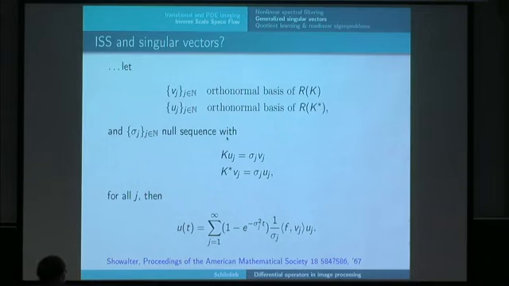Then I can write u of t in this way. In particular, if I assume, as in the assumption I started out with, that f is a linear combination of these eigenfunctions, then my u of t is also a linear combination of these eigenfunctions. So I can recover the eigenfunctions as parts of the solution, and they will pop up one after the other, depending on their eigenvalue.